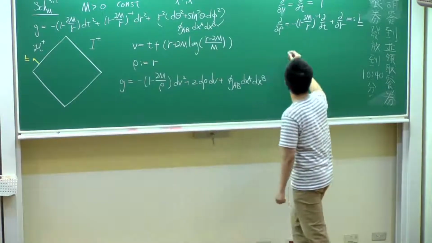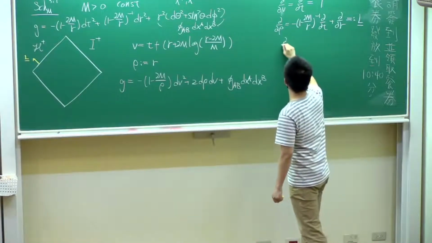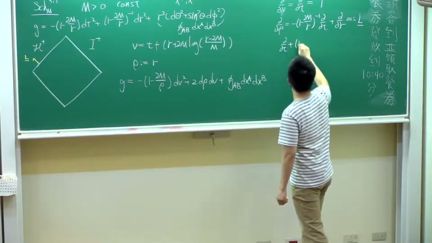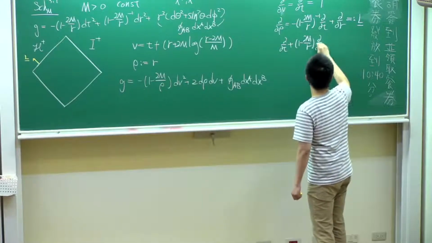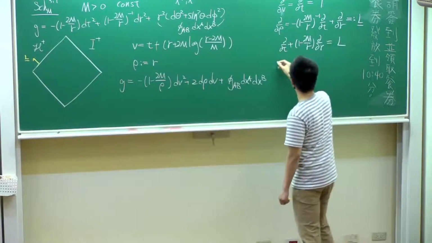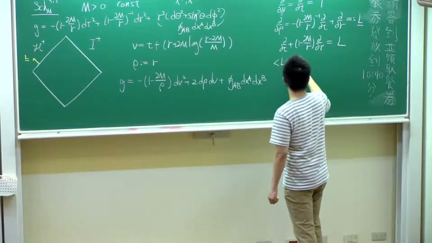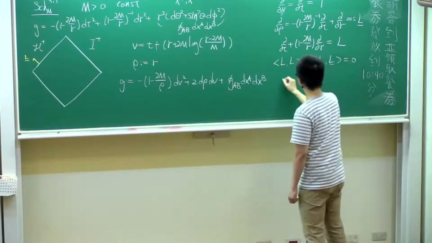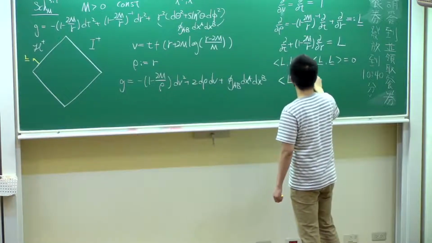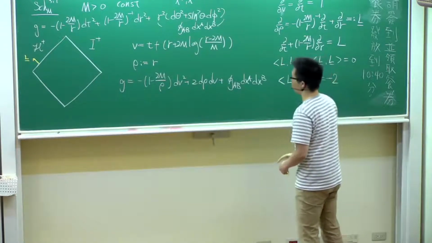And let me define the outgoing one, d/dt plus (1 minus 2m over r) d/dr, that's L. These are null vectors: L dot L equals L lower bar dot L lower bar equals 0, and L dot L lower bar equals minus 2.